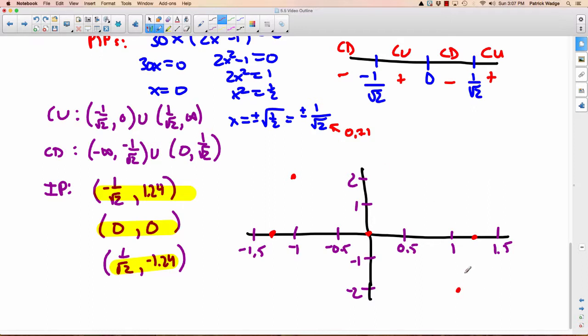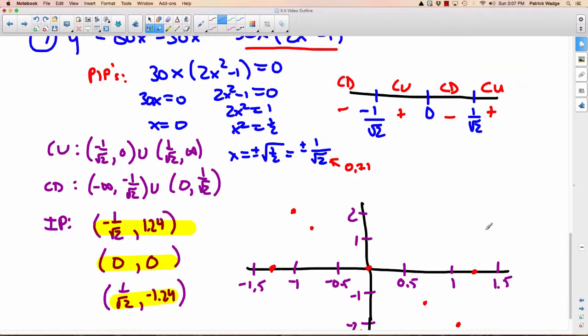And then our inflection points, we have one at 0, 0, we've already got that one, and then we have one at negative 0.71, 1.24, so that would be around here, and we have another one at positive 0.71, negative 1.24, which would be somewhere around here.